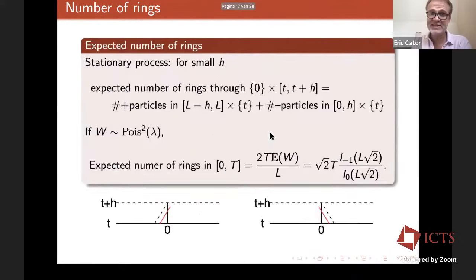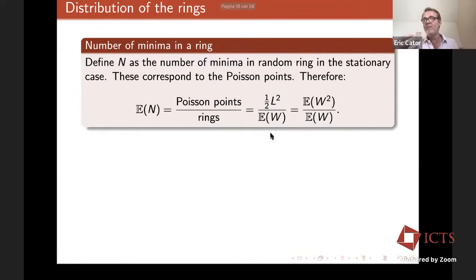So that means I can say something about the number of minima in a random ring in the stationary case. If you take the number of rings and multiply with the number of minima, you get the number of Poisson points. So if I divide the number of Poisson points by the number of rings, especially when t goes to infinity, I should end up with the expected number of minima of the rings.